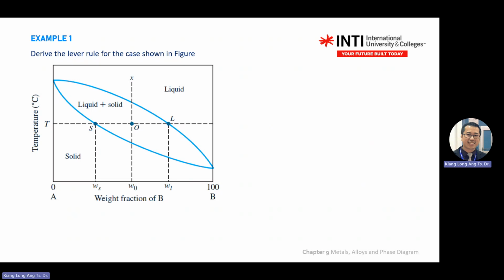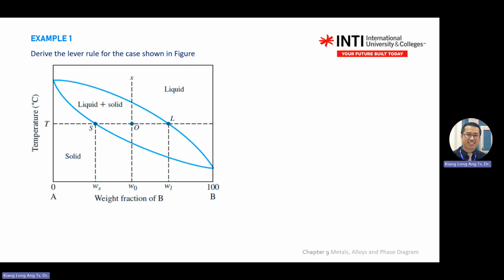If I ask you weight percentage or weight fraction of liquid, can you find? Weight percentage of liquid is what? Total length of the tie line will be LS at the bottom. For weight percentage of liquid, you don't look at liquid, you look at solid, the length of SO. Understand?